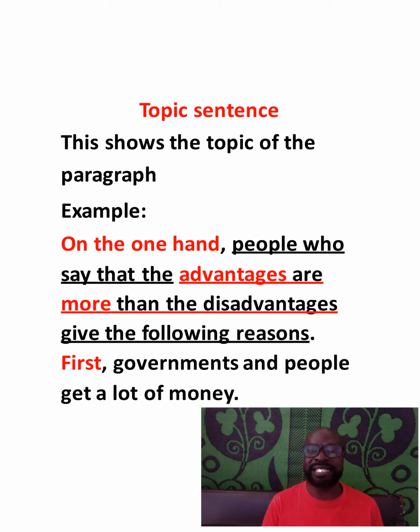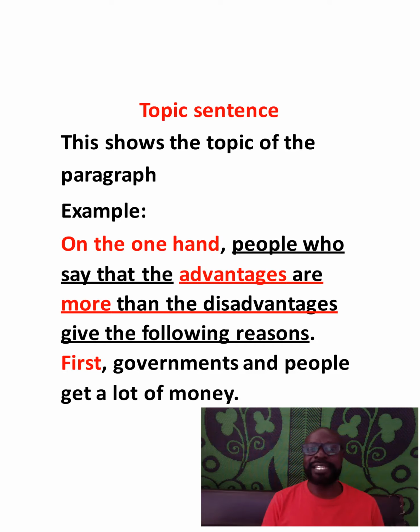I have clearly said that people who say that the advantages are more than the disadvantages give the following reasons. It means the paragraph is for advantages only. First, the word first is to show I'm going to give the first advantage in the paragraph. The following reasons. First, the governments and people get a lot of money.